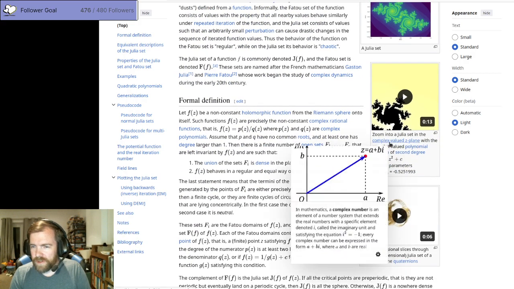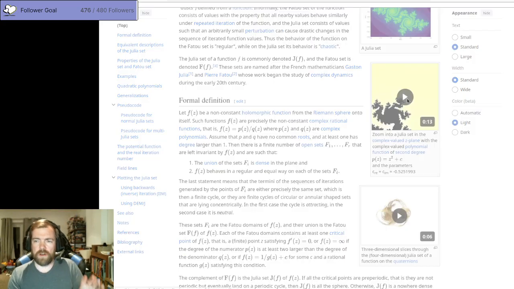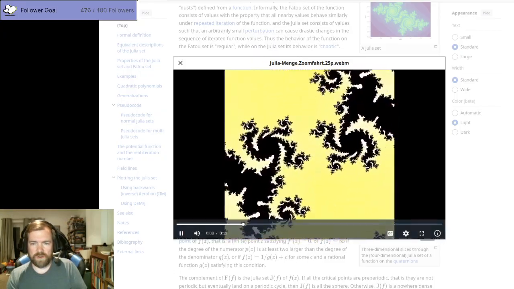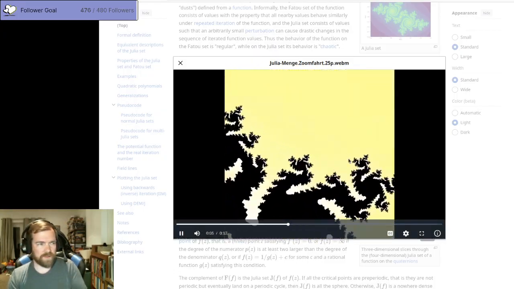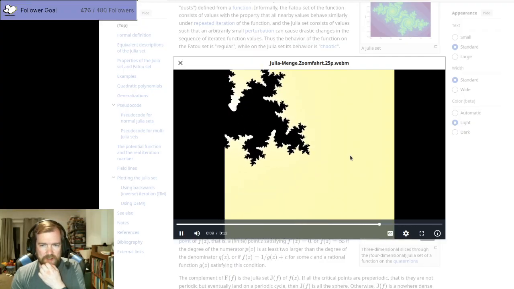Right, zooming into a Julia set, complex z-plane, complex valued polynomial function of second degree, p of z is equal to z squared plus c. So all of the different possible c values get you different locations on the Julia set.